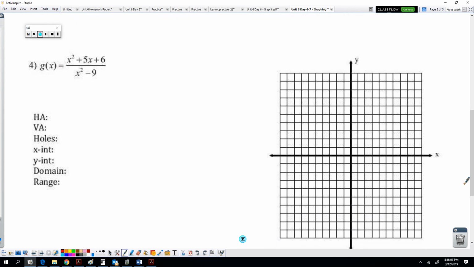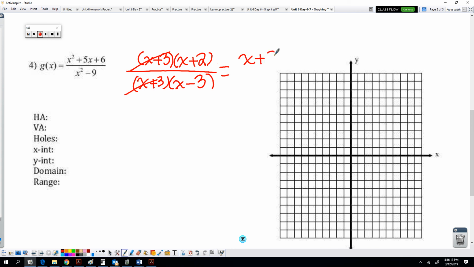Number 4. Very first thing is you have to factor first. (x plus 3)(x plus 2) all over (x plus 3)(x minus 3). So I have a hole because I can cancel stuff out. And I know that my x value of my hole is the opposite, so it is going to be negative 3.